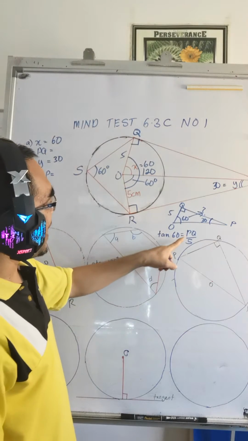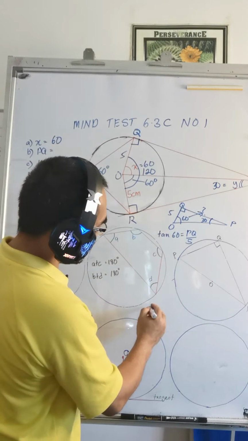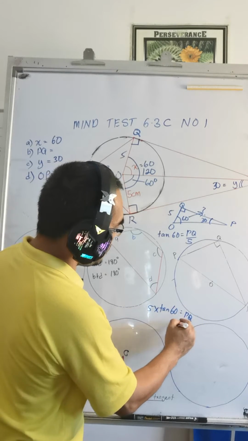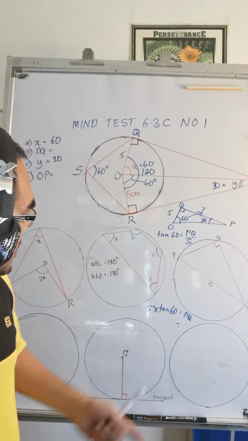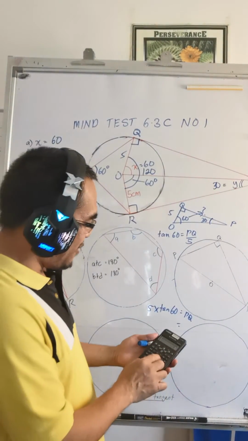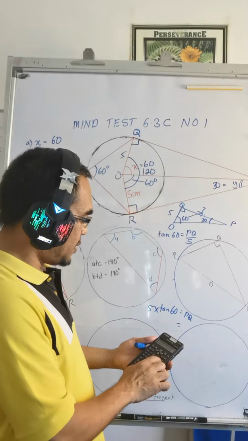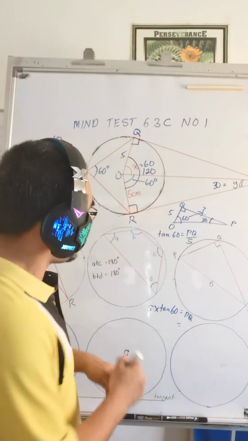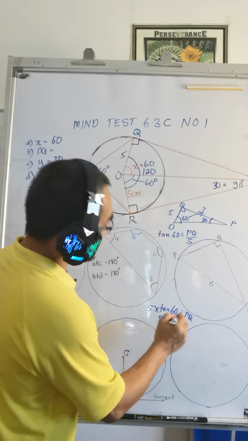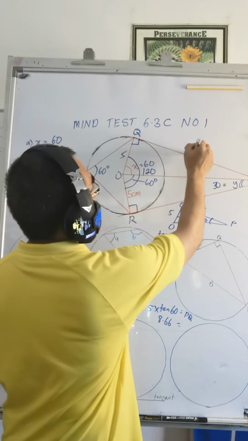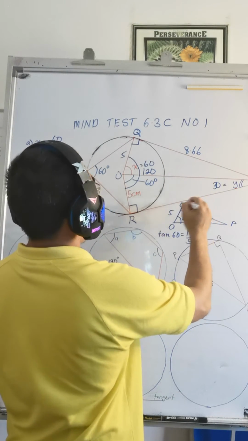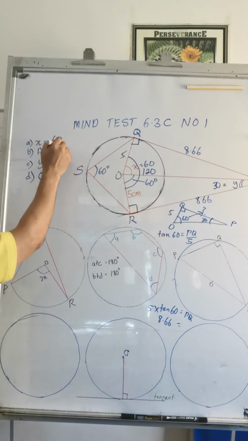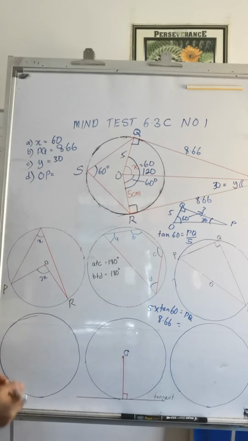To find PQ, I move 5 to the other side, so 5 times tangent 60 equals PQ. Using a calculator, tangent 60 multiplied by 5 gives 8.66. So PQ is 8.66 centimeters, similar to RP, which is 8.66 also.